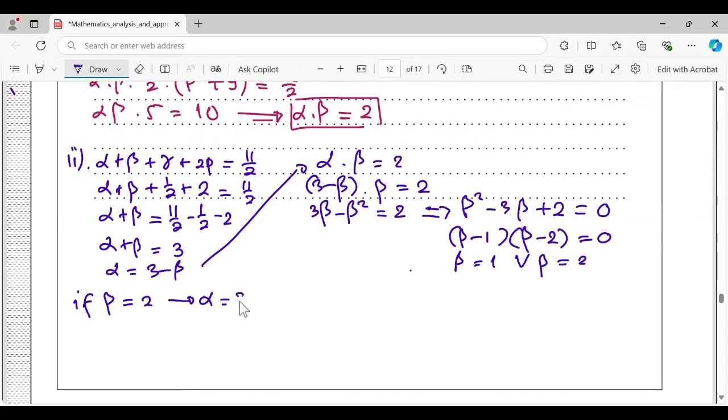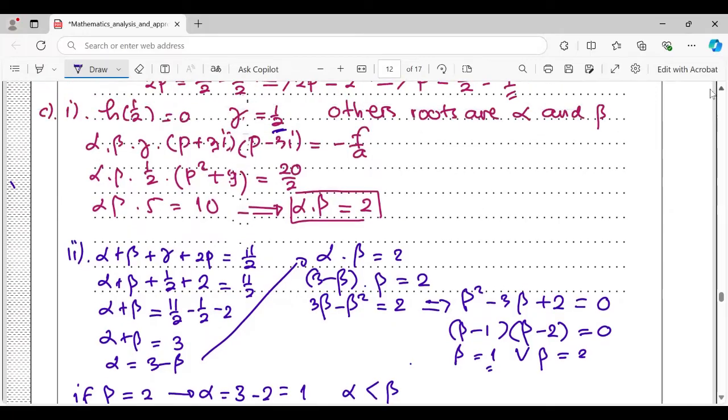So alpha equals 3 minus 2, it equals 1. So look, alpha is less than beta. If beta equals 1, so alpha equals 3 minus 1, it equals 2. Here alpha is greater than beta.